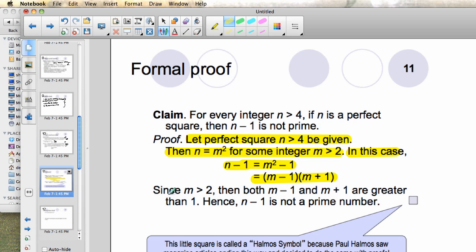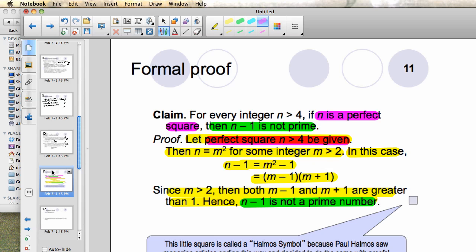And so phase 4 would be to say why what I did in phase 3 actually shows that the conclusion is true. And so here's the conclusion, and I'm wrapping it up with the conclusion. Notice that the hypothesis is here, and that's how I'm starting. So that's going to be the structure of my direct proofs.